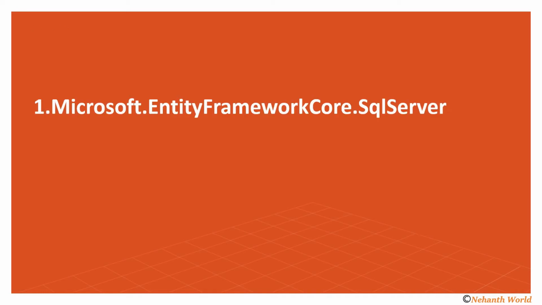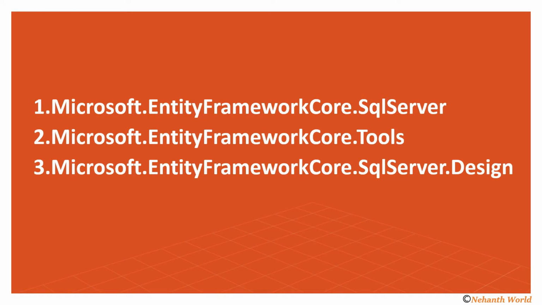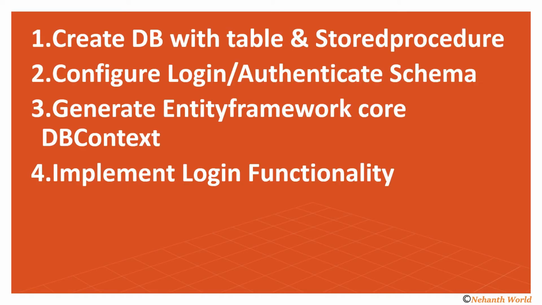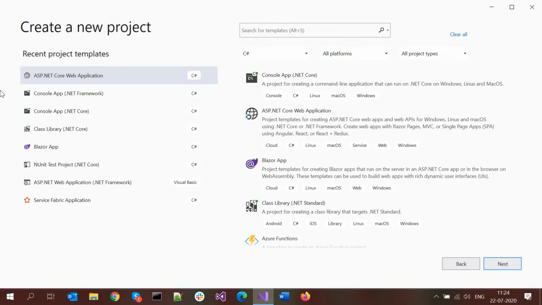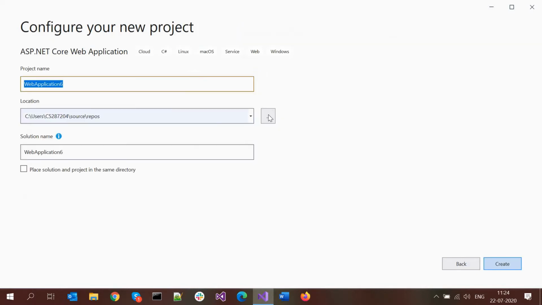For this, we need to install these 3 packages. Before moving on, let's create a project first. ASP.NET Core Web Application. Next, I have given my project the name cookie based login MVC.